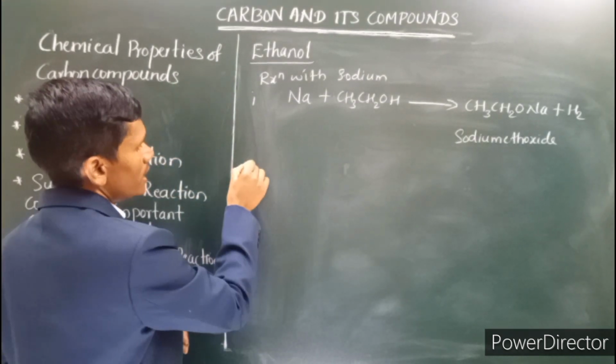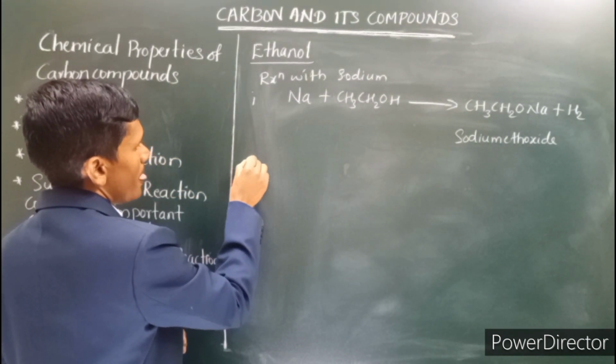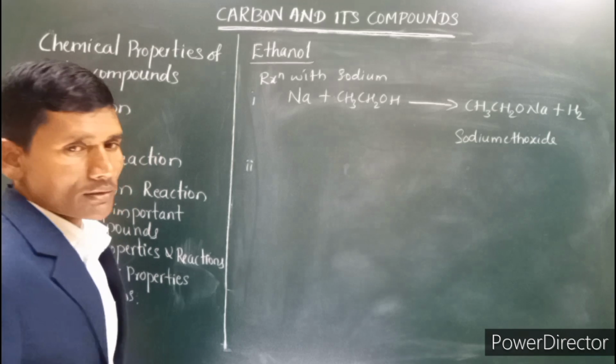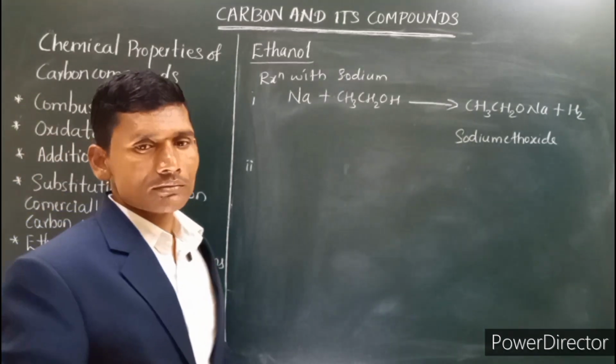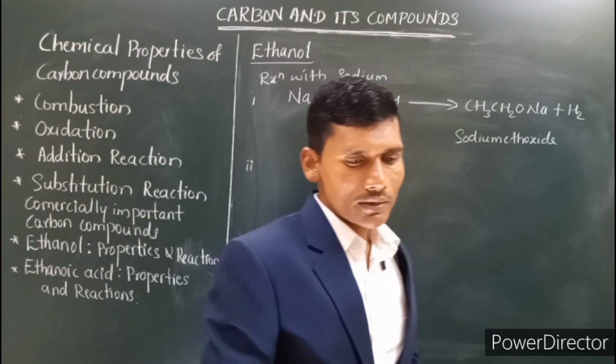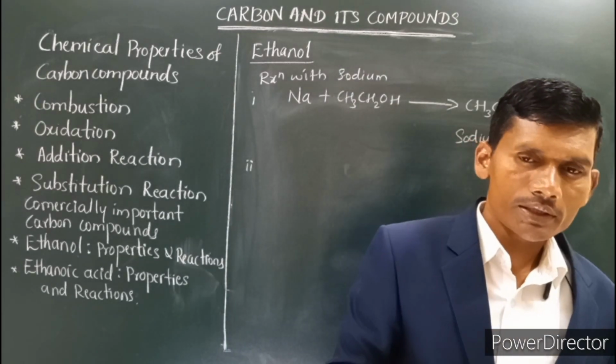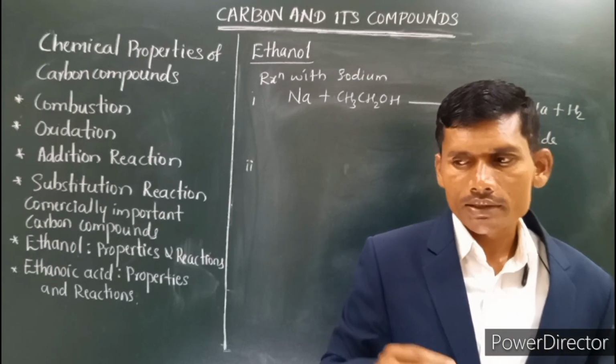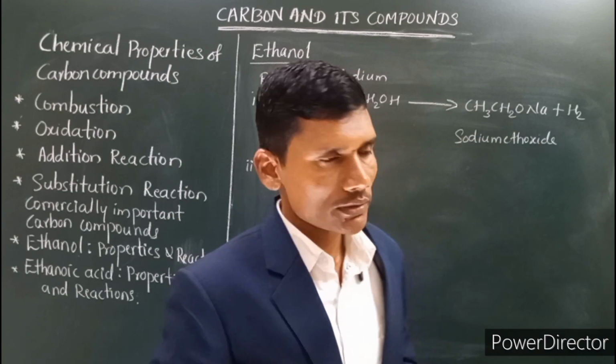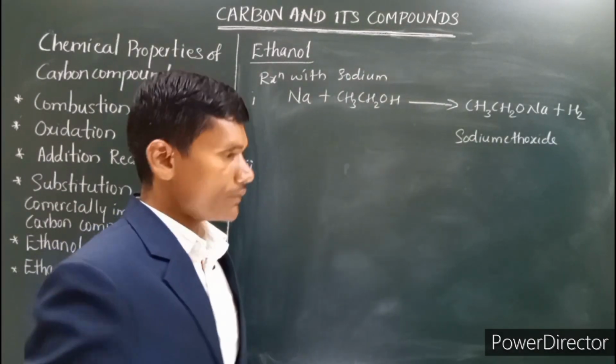Next, the second reaction. Ethanol produces unsaturated hydrocarbons when it is reacted with excess concentrated sulfuric acid at 443 Kelvin.